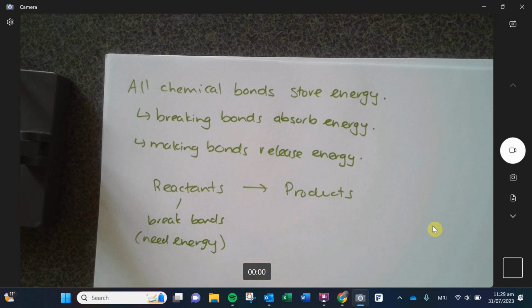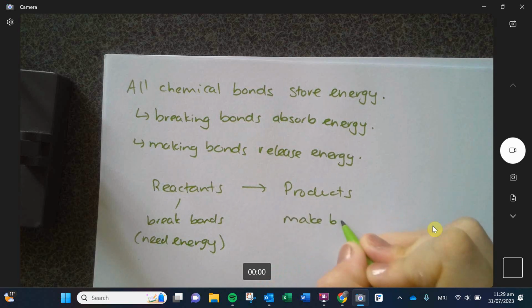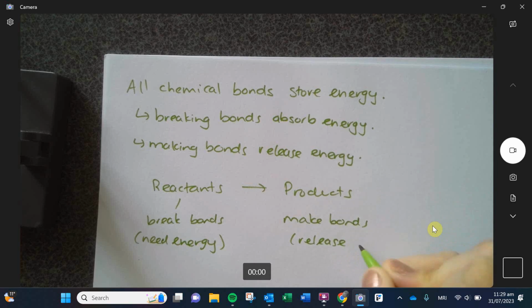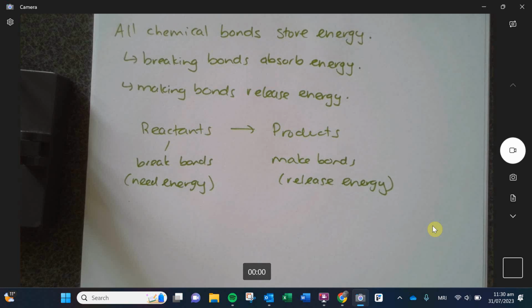And then with products, we are making new bonds to form our new chemical compounds. So we are making bonds, and that's going to release energy. So we can compare how much energy is needed versus how much energy is released to figure out the energy change in a chemical reaction.